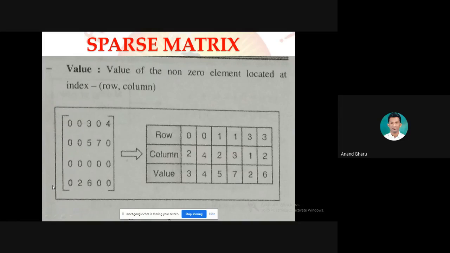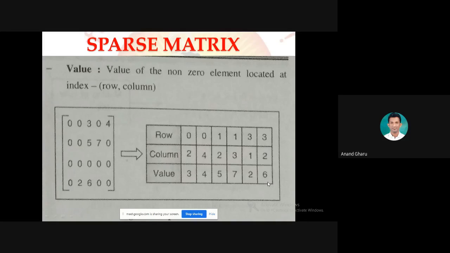Okay, 3 number row and 1 number column, value is 2. Same, 6: 3 number row, 2 number column, value is 6.